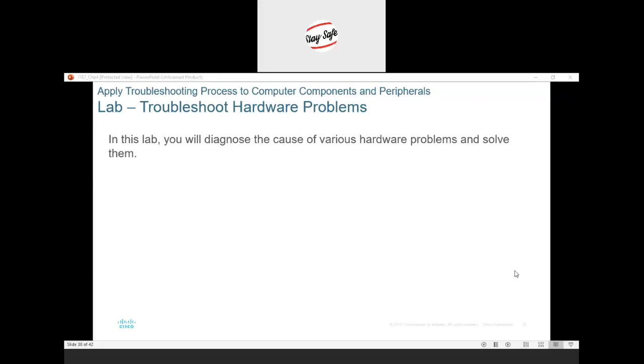For instance, if my system comes on, shuts down, comes on, shuts down, I need to identify the problem. And the problem is that the power is intermittent. The power is not stable. So if I identify that, then I need to establish a theory of probable cause.